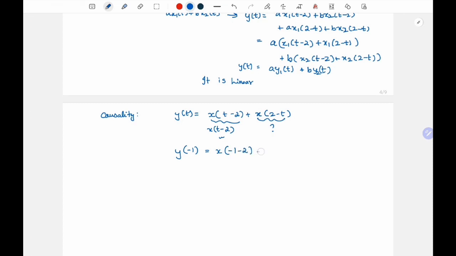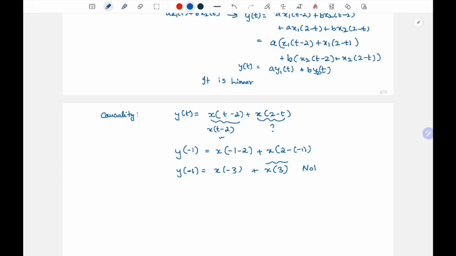So minus 1 minus 2 plus x of 2 minus of minus 1. So y of minus 1 is x of minus 3. This looks fine because minus 3 is less than minus 1, plus x of 2 plus 1, which is 3. If you see, y of minus 1 is depending on x of 3, but 3 is the future instant, right?